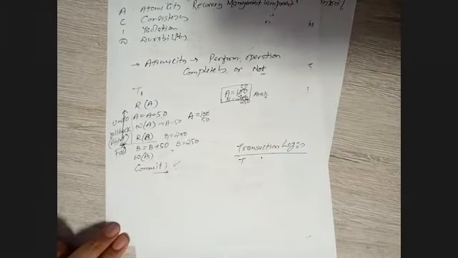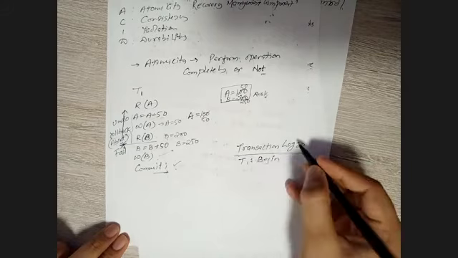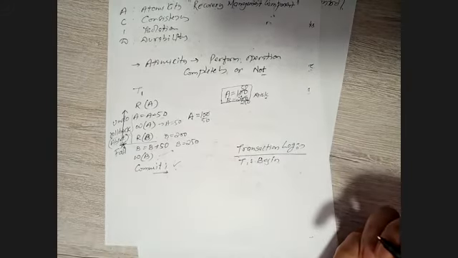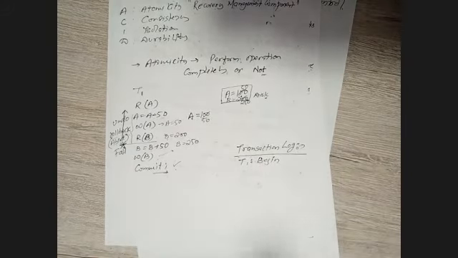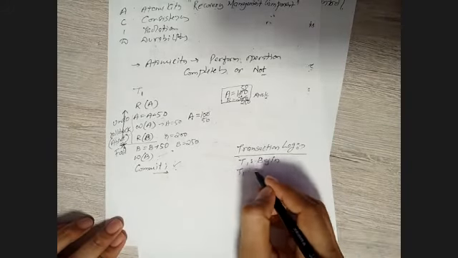First T1 will begin. In the log record, everything is maintained: at what time, at what date, what transaction was created in which database, what the details of the customer were. So T1 begins, then in T1 we perform what?